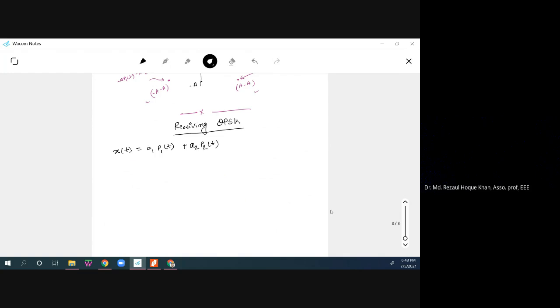In the receiver, the signal has to go through what? h(t), our LTI response of the low pass filter, isn't it? So it can pass through h1(t), or this signal can pass through h2(t).